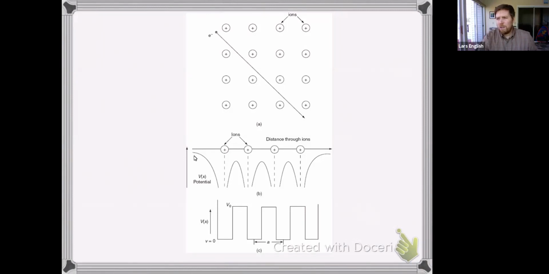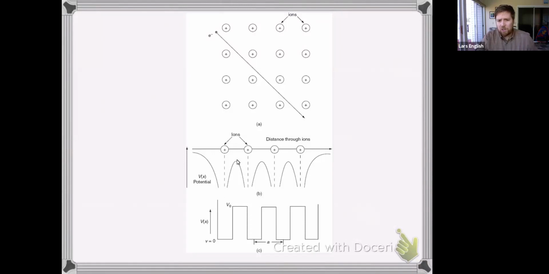So, of course, we're taking here Coulomb's law, right? So minus Q1, Q2 over R squared is the attractive force, but then you can convert that into an energy, a potential energy, and you get minus K Q1, Q2 over R. So technically, if the electron is right on top of the ion, we drop down to minus infinity, okay?